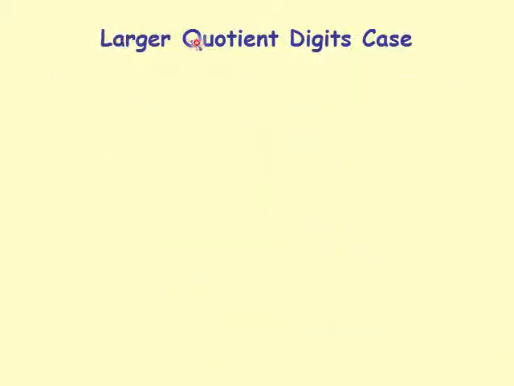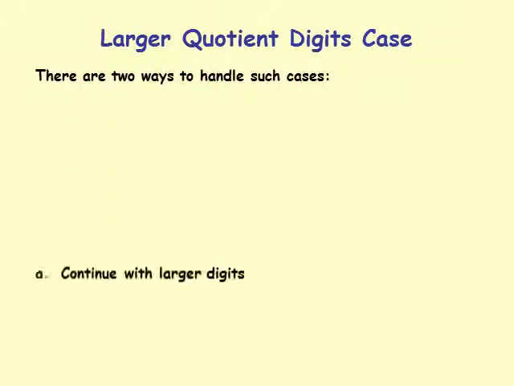Let's see what happens if we have larger quotient digits. We have more than one digit in a quotient position, and let's see how we are going to handle that. There are two ways to handle such cases.